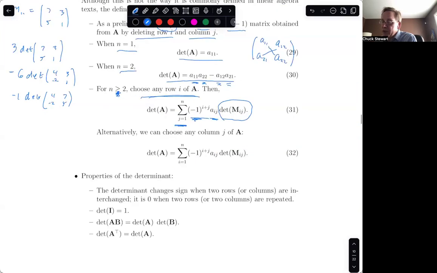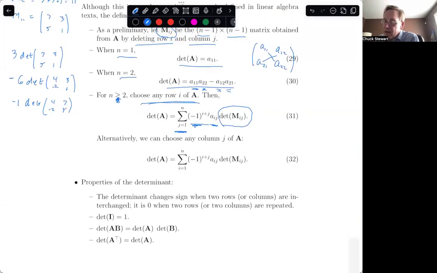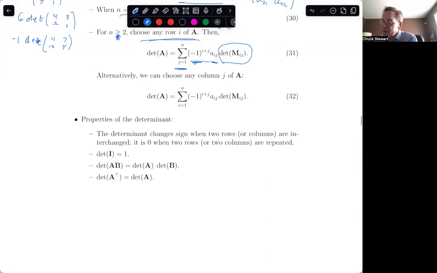But the determinant, or to practice, the determinant has some beautiful properties. The determinant of an identity matrix is just 1, which is pretty clear. A little bit harder to show is the determinant of a product is the product of the determinants. Somewhat easier, just algebraically, is the determinant of the transpose is equal to the determinant of the matrix.